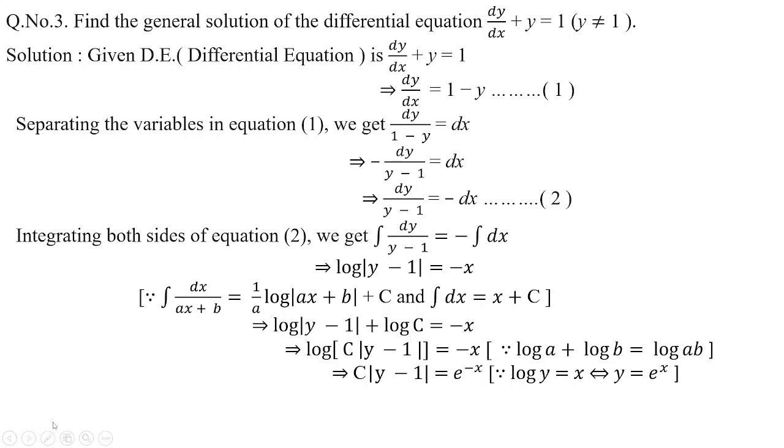If a logarithmic function is transposed to the RHS, it becomes an exponential function. So this implies C into mod y minus 1 is equal to e power minus x, because if log y is equal to x, we can write it as an exponential function: y is equal to e power x. Okay, my children, that's all.